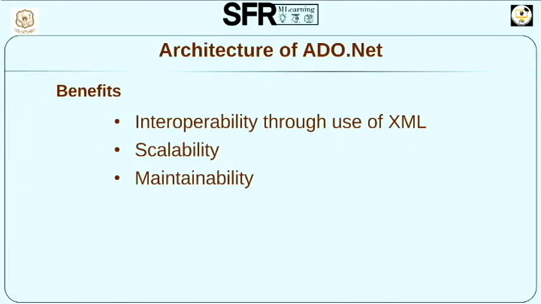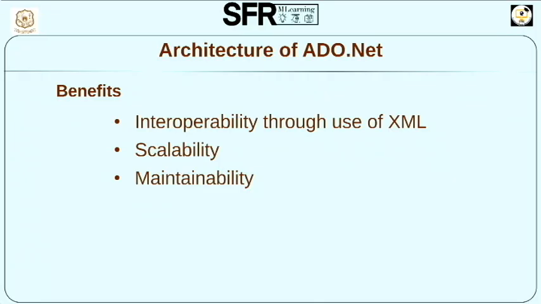Next we see what the benefits of using ADO.NET are. The first one is interoperability through the use of XML. It gives us an open standard for data that describes itself, which is human readable and decipherable text. It is used internally but accessible externally. It can use XML to read, write and move data.